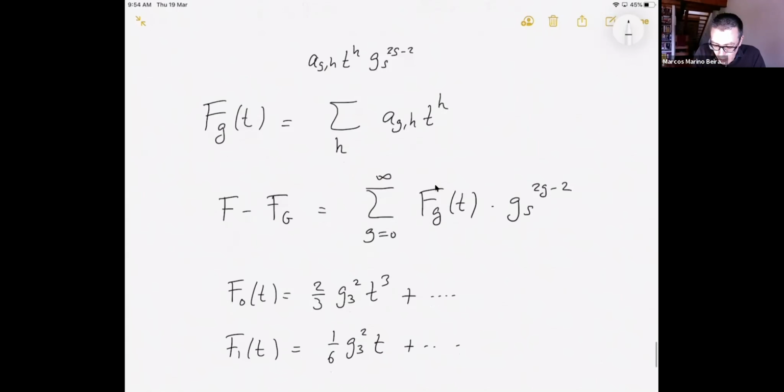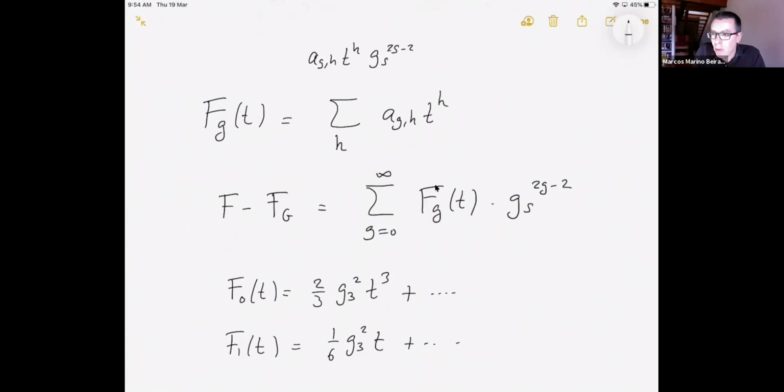So in each of these F_g(t)'s, there will be many diagrams involving an arbitrary number of interactions, but they all have the same topology. So it's a totally different reorganization of the theory. Now, if you do a standard perturbation theory, as we have been doing in this course, computing this series looks very complicated, because you will have to add higher interactions.